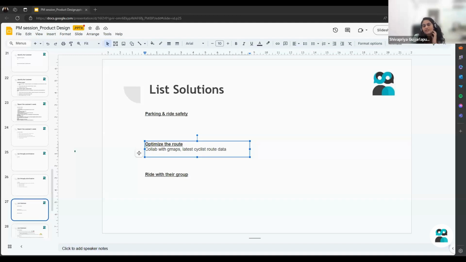I think the depth of how you folks are also talking about how we are solving it is good. It is actually good to present it, but it's not expected from an interview perspective. When you're listing the solutions, it could just be the definition of the solution, and collaborating with Google Maps is the how part of it. Or, for example, in the chat I see someone talking about collaborating with the people who offer parking spaces, which is also a how part of it.